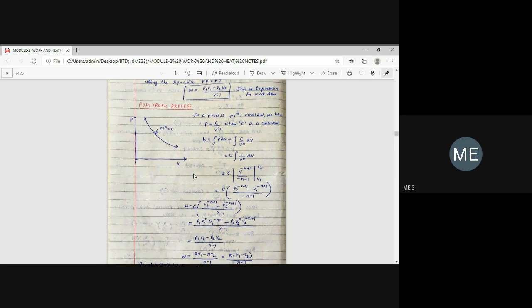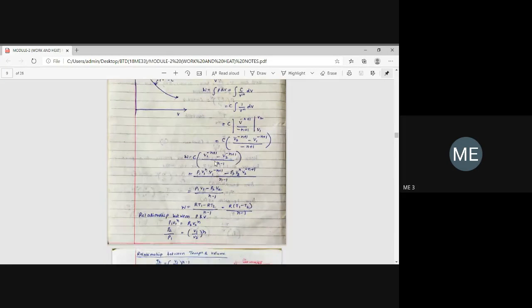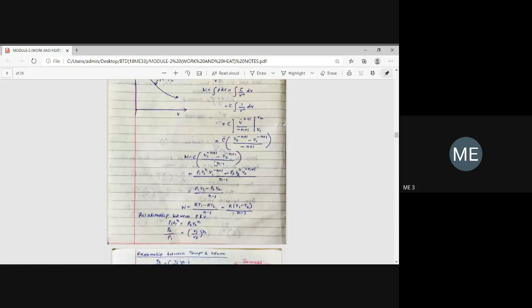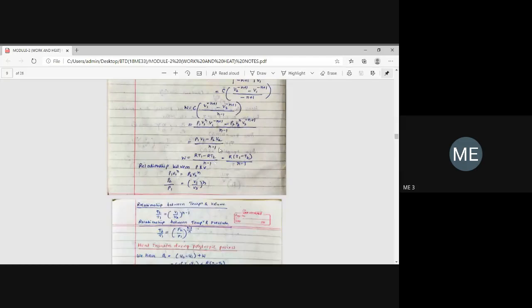After taking this one, you get the value of gamma as 1.4. So already you derived this expression, no need to explain. Okay, already you know the expression. It is similar to your adiabatic process, getting the expression as P1 V1 minus P2 V2 divided by N minus 1 in terms of gas constant R into T1 minus T2 divided by N minus 1.